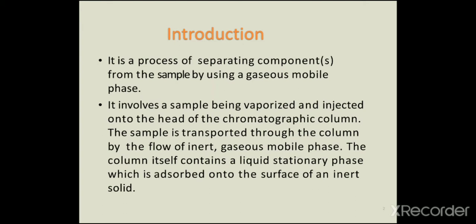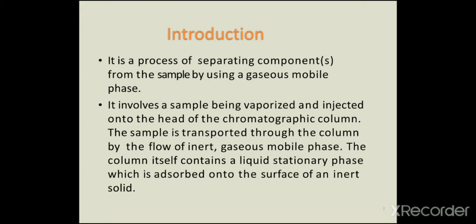In gas chromatography, a sample is vaporized and injected onto the head of the chromatographic column. Then the sample is transported through the column by the flow of an inert gaseous mobile phase. The column itself contains a liquid stationary phase which is adsorbed onto the surface of an inert solid.